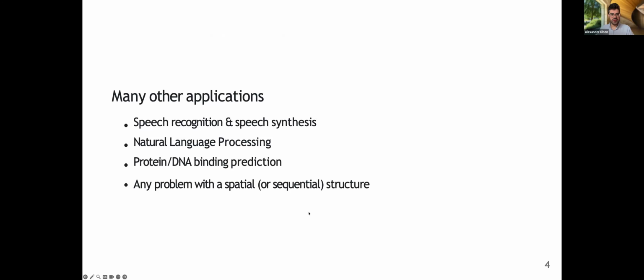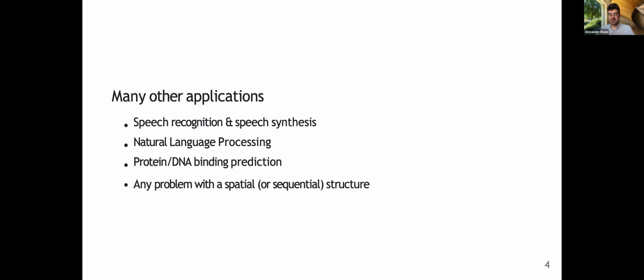But as I just briefly mentioned, there are also many other applications where convolutional networks are highly effective. So they're not limited to computer vision. Convolutional networks have found success in speech recognition and speech synthesis. They used to be used to a certain extent in natural language processing, although I would say that's less common now.